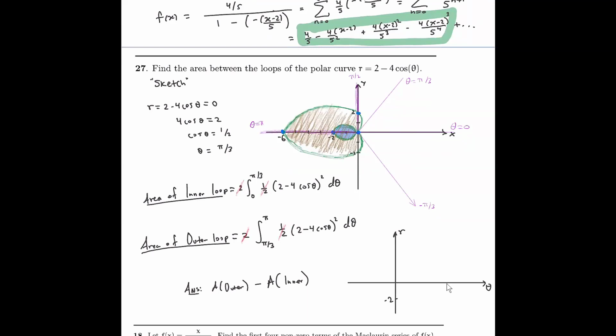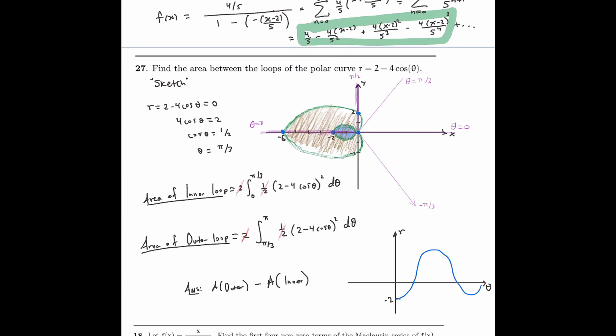It starts at that -2, goes to 0, then goes down like this.